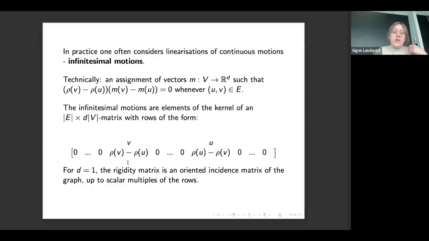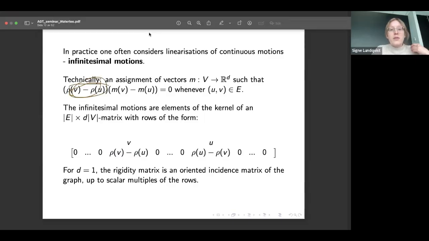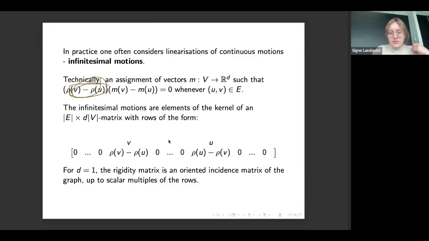In the d columns corresponding to the vertex v, you have these, and in the columns corresponding to u, you have the negative of that.